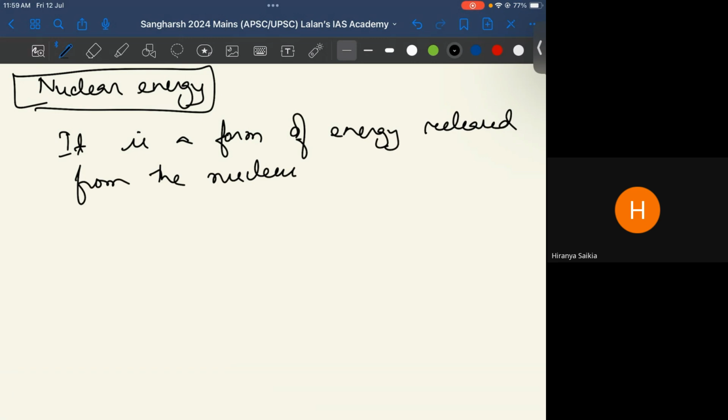Nucleus means the core of the atom, the nucleus of the atom. And the nucleus is composed of protons and neutrons, and the outer shell has electrons.